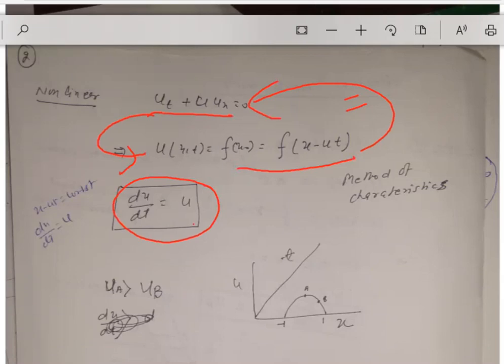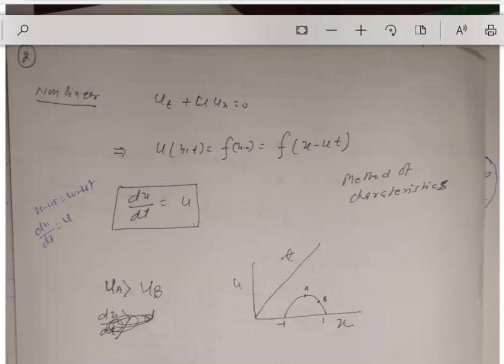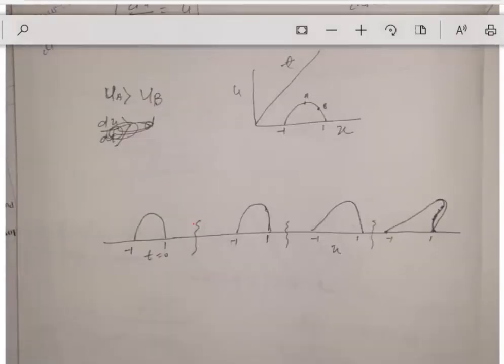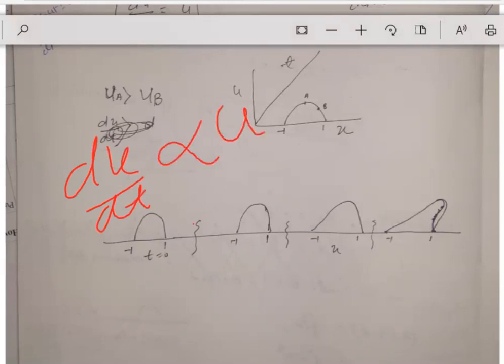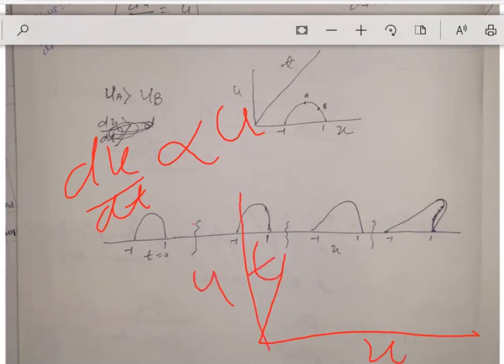Let's say proportional to u, and this is u(x,t), and u started in the beginning at this.